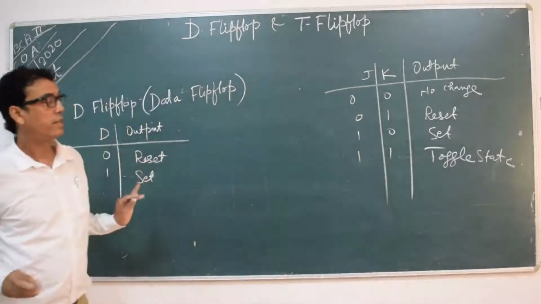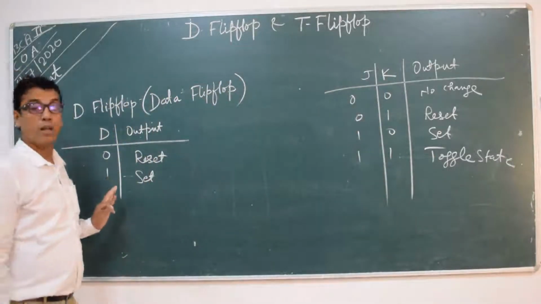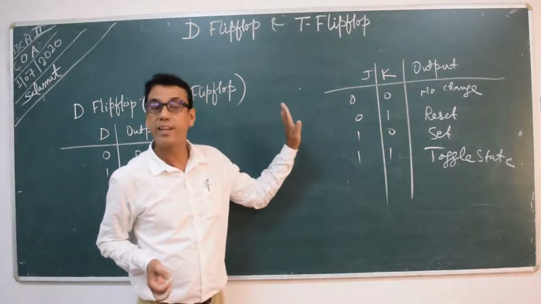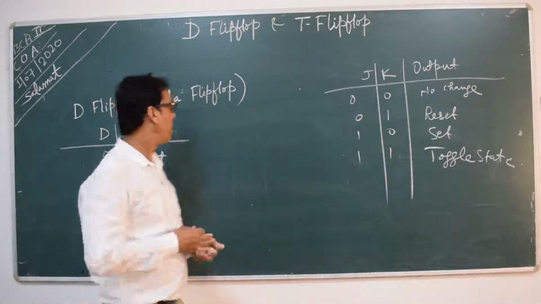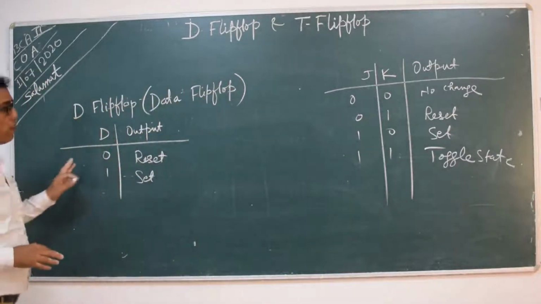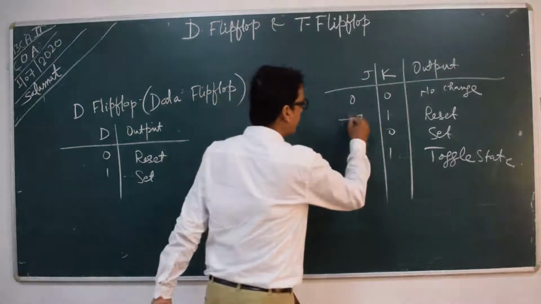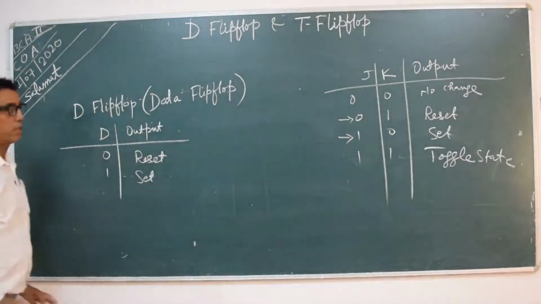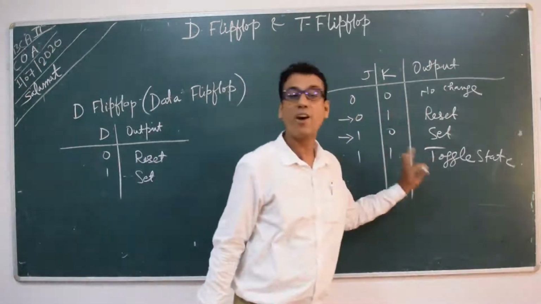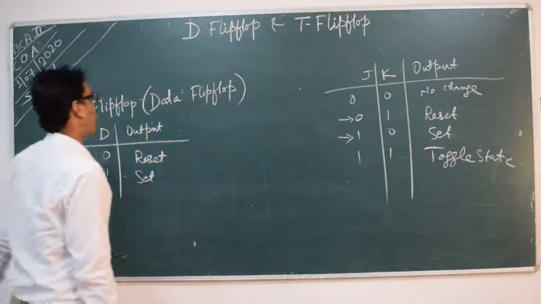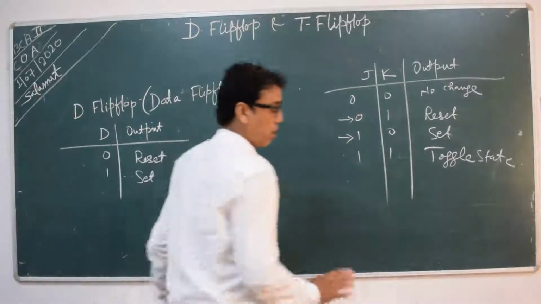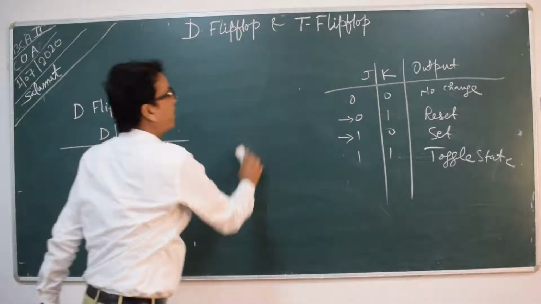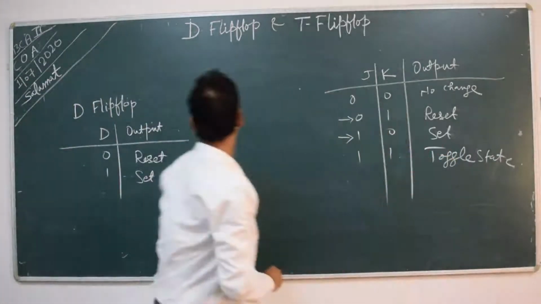Right? How many possible data inputs in the case of JK flip-flop? 4. In the case of D flip-flop, only these two are available. No change and toggle state are missing. Why I am comparing, you will come to know when we go through toggle flip-flop.